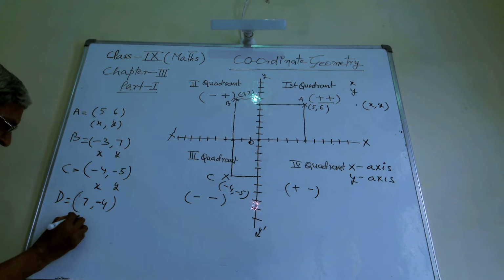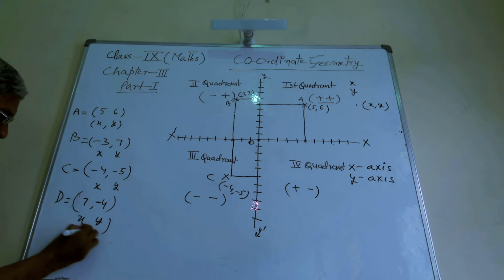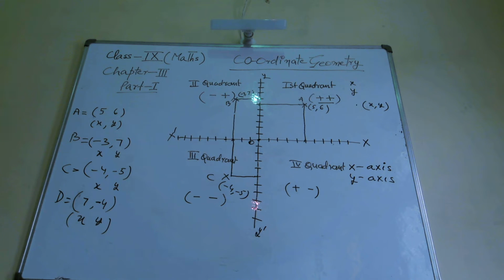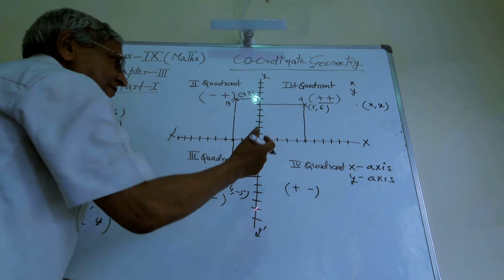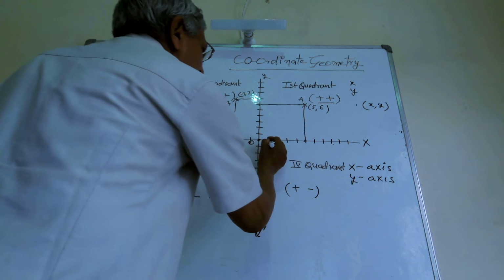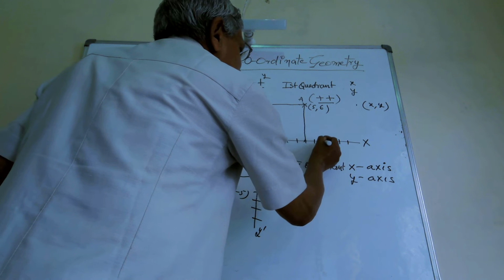And the first is X and the second is Y. Mention this. Now find the position of D point. How will you find the position of D point? You have to move from O. X is positive. You have to move to the right hand side. X is 7: 1, 2, 3, 4, 5, 6, 7.